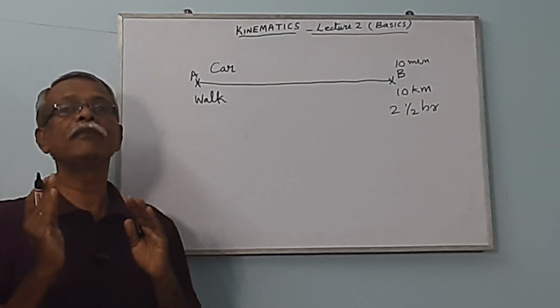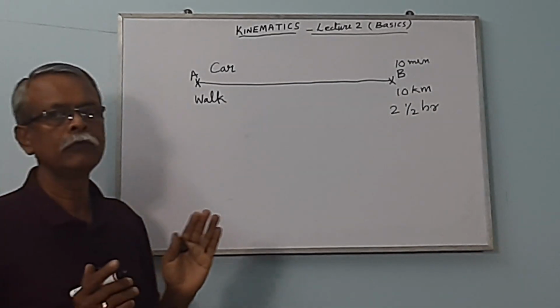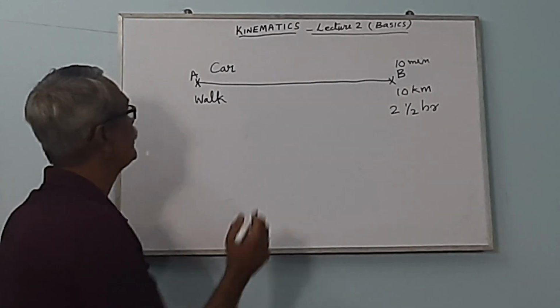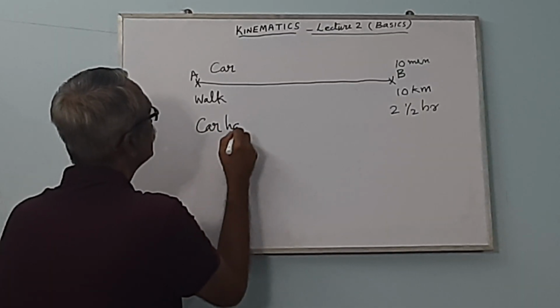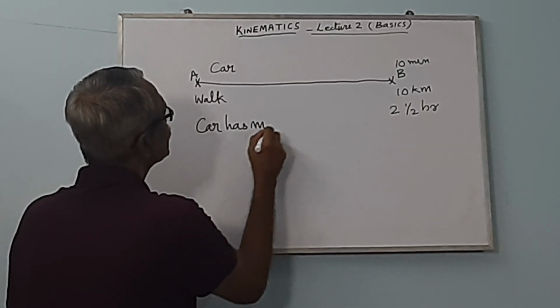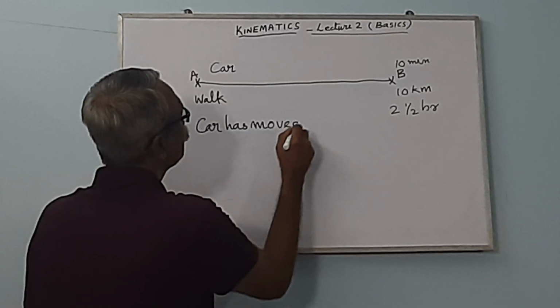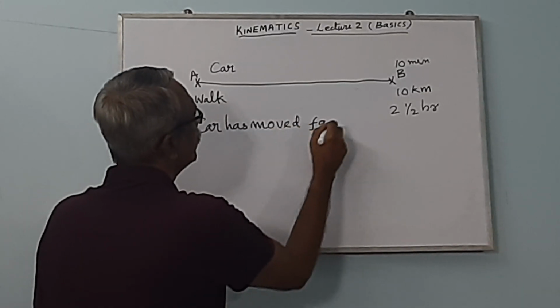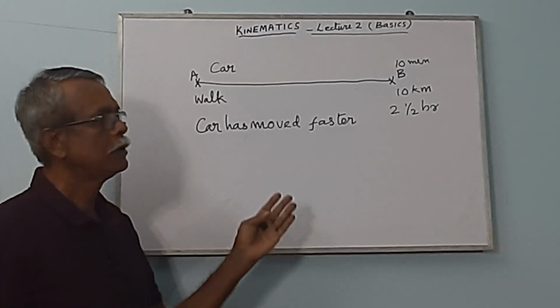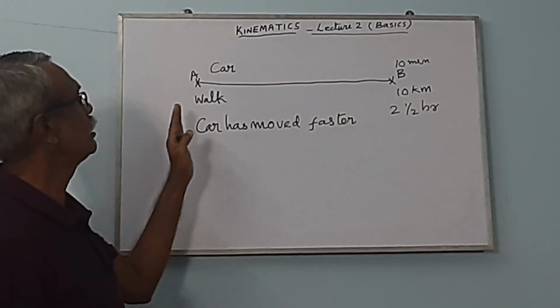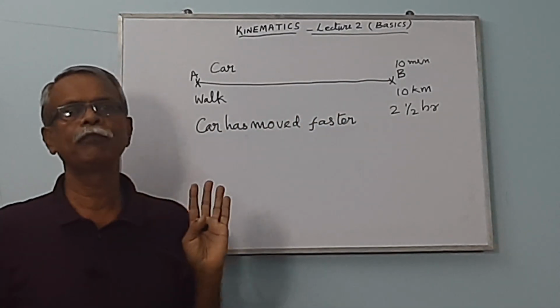Now, what is the difference between these two? In common sense language, we say that the car has moved faster. That is, he has reached the destination quickly compared to the person who is walking.